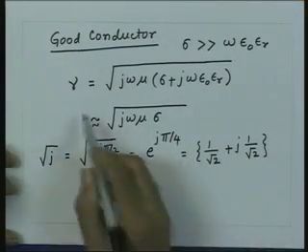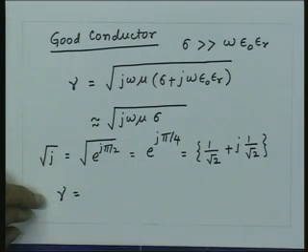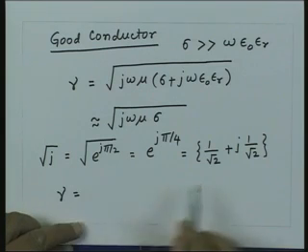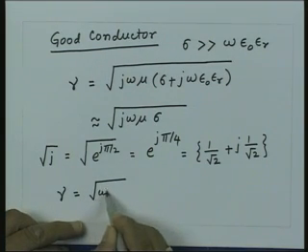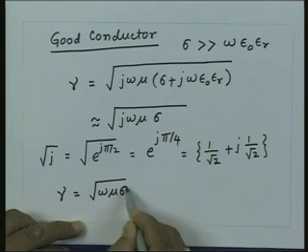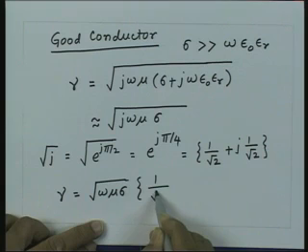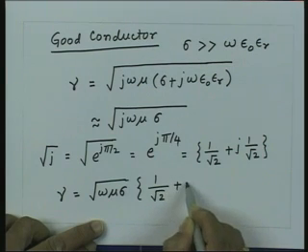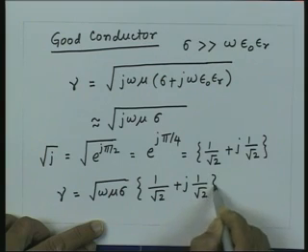If I substitute this, the propagation constant gamma will be equal to square root of omega mu sigma into 1 upon root 2 plus j 1 upon root 2.